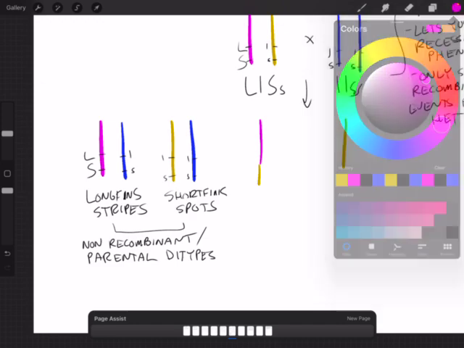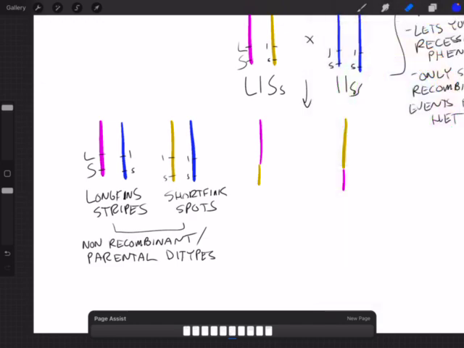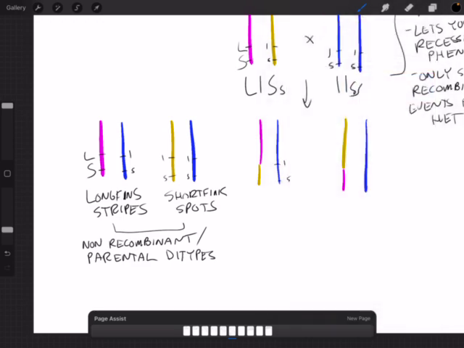And in each case, you're also taking along for the ride that test cross chromosome that's recessive for all traits, right? So we've got the L and the S, L and the S. But here we'll have the dominant L mixed with the recessive S, and we'll have the recessive L mixed with the dominant S, giving us, in one case, an individual that is long fins and spots. So that combination didn't exist before in the original parents.